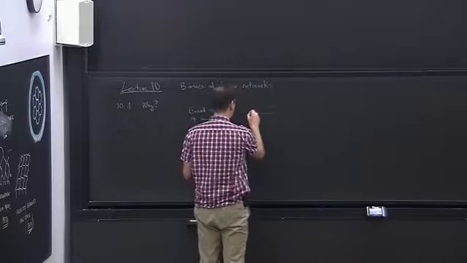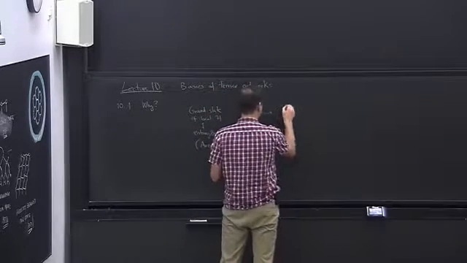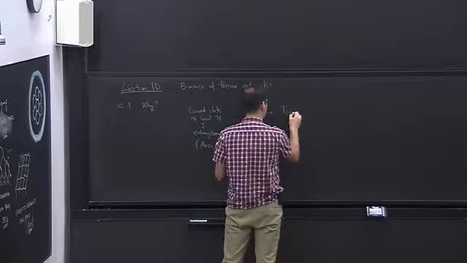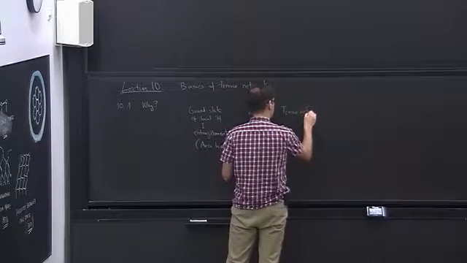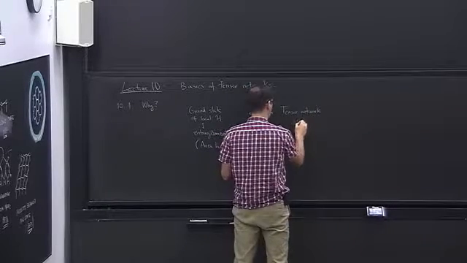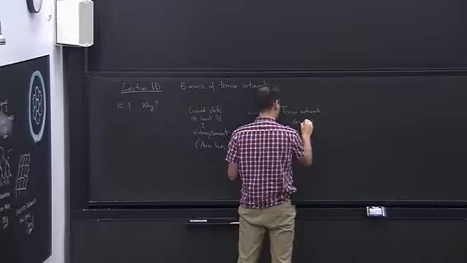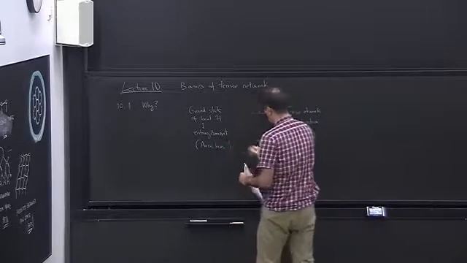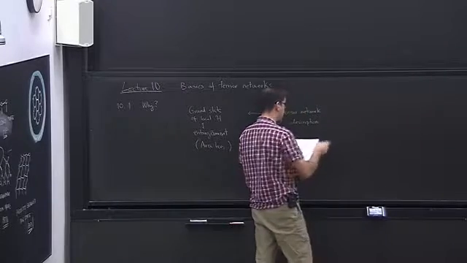And what we're going to see this week is that this property, this area law, suggests that a tensor network description of these states might be possible.